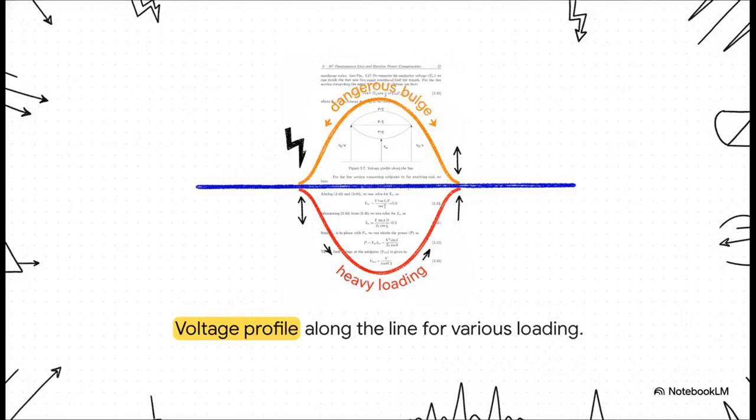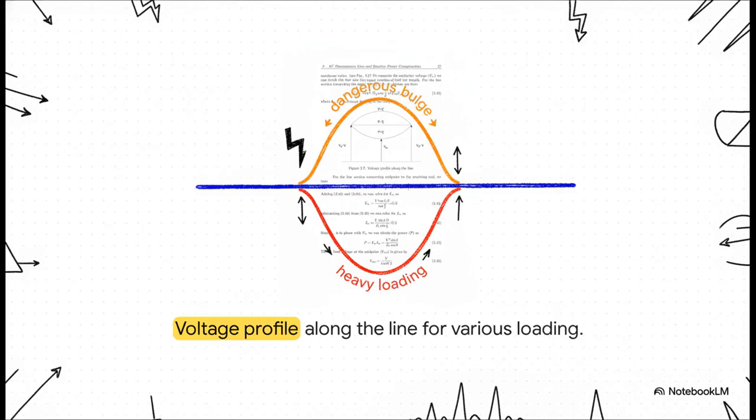To see this visually, let's look at slide 9. This figure illustrates the problem mathematically. Following my pointer here, the x-axis represents the length of the transmission line, and the y-axis is our voltage magnitude. See that perfectly flat line right in the middle? That is our ideal SIL condition, where power equals Pn. But look what happens during heavy loading.